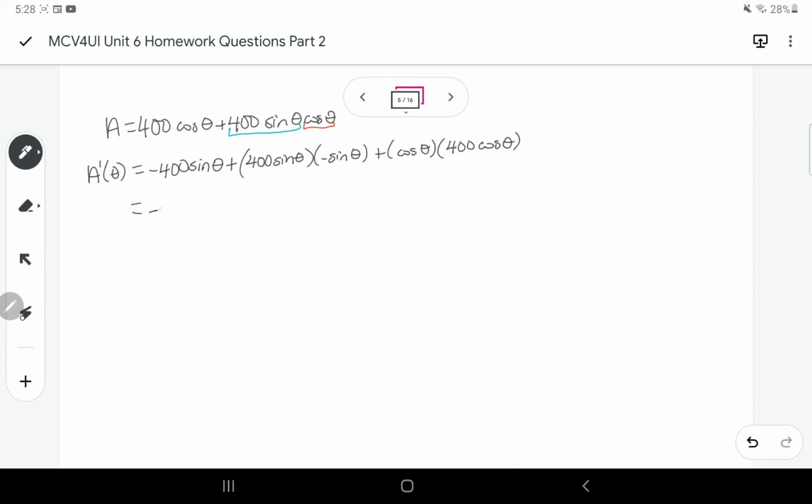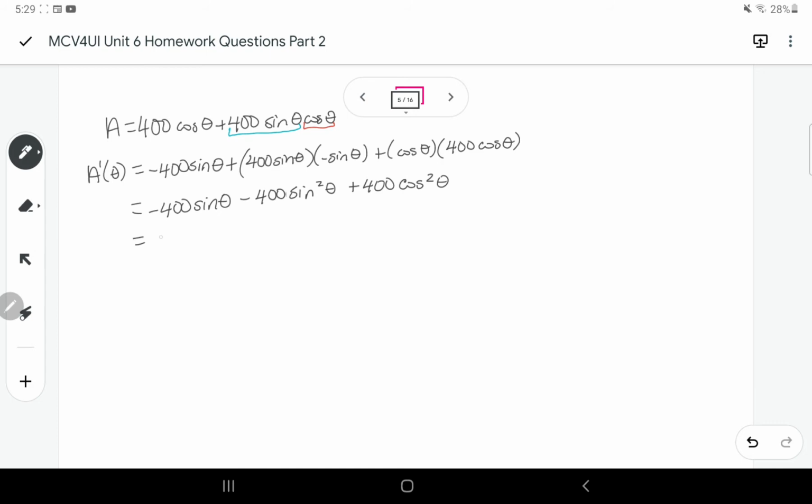So now I get negative 400 sine theta, minus 400 sine squared theta, plus 400 cos squared theta. Now I definitely don't want to have a sine and a sine squared and a cos squared.